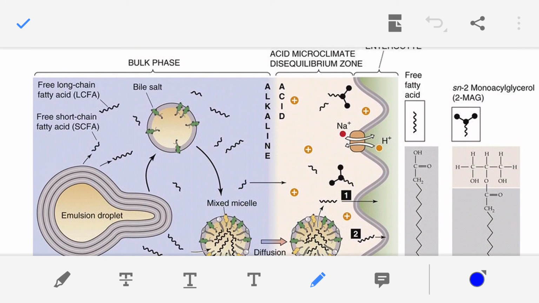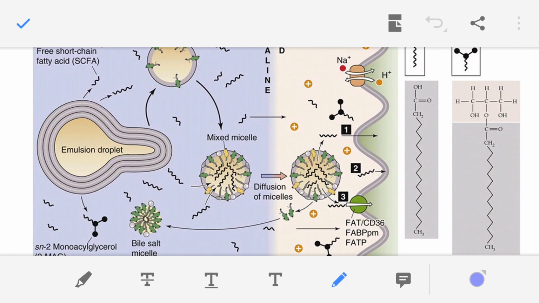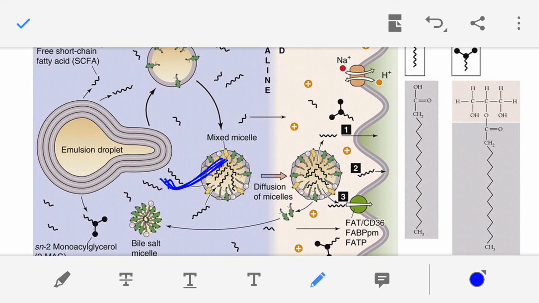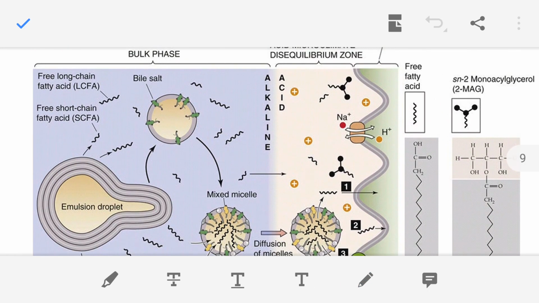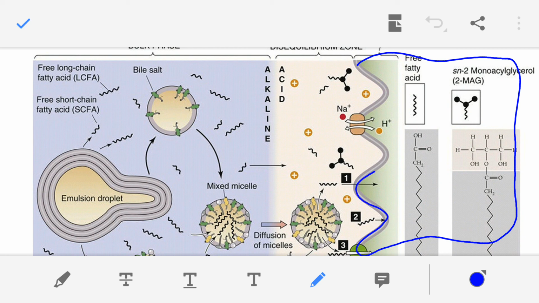So this entire region is the lumen of the small intestine, and in the lumen the mixed micelles are present. And this cell is the enterocyte cell of the small intestine.